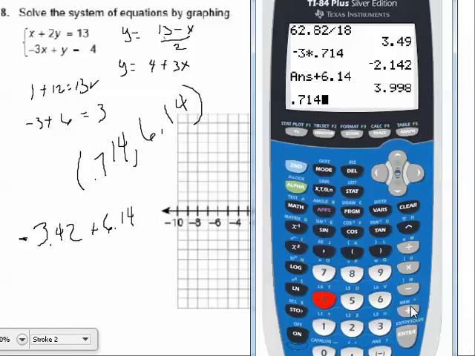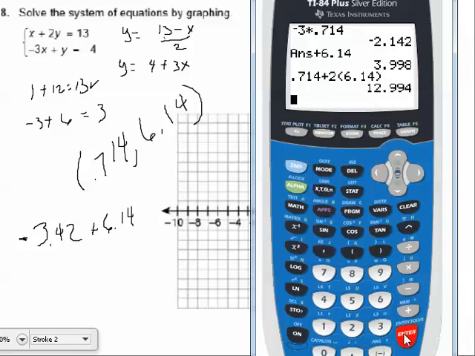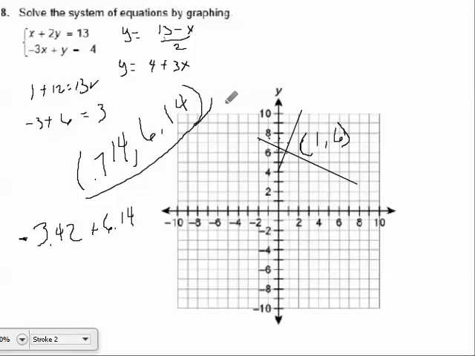0.714 plus 2 times 6.14 equals nearly 13. So that works out good. That would be the approximate answers right there.